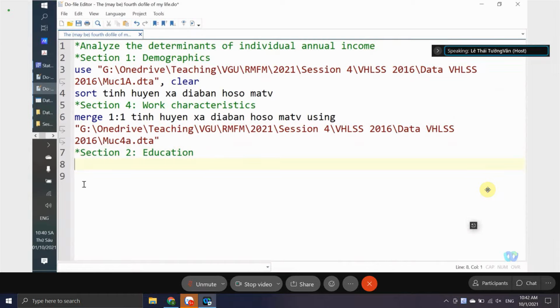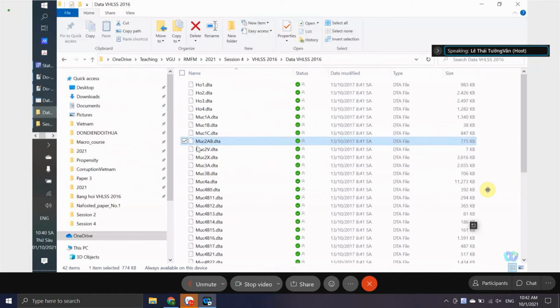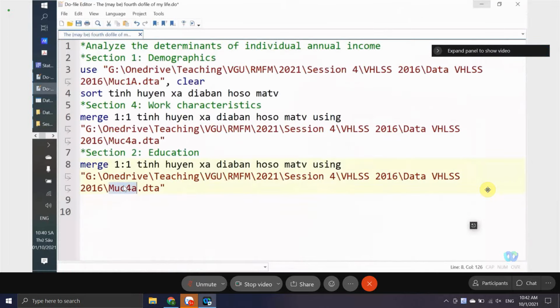Okay, if I merge that, this is what I'm going to do. I will copy the whole line before, I paste it down there, and I will replace the name of the section that I want to merge. See?